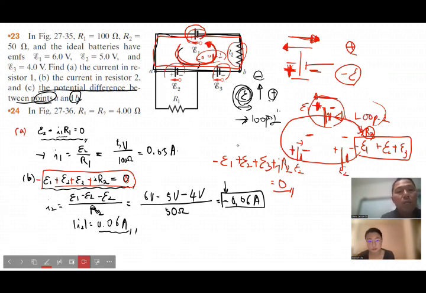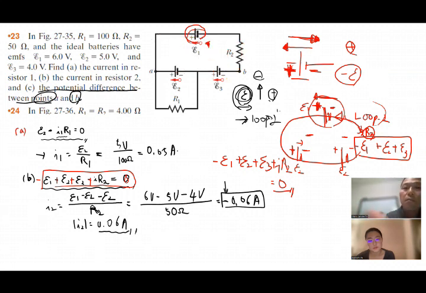Okay, then part C, the potential difference between point A and B. So now let me clear this up one more time. Point A right there and point B right there. So two points.